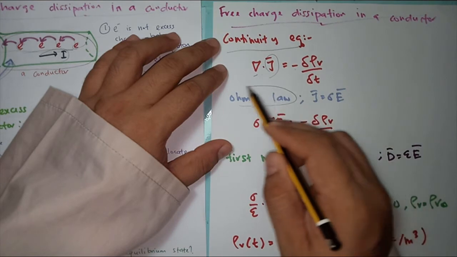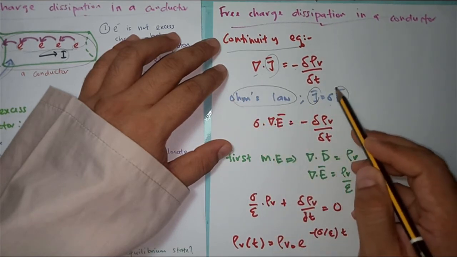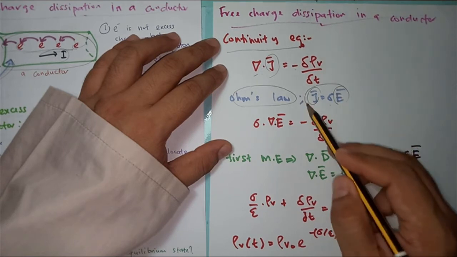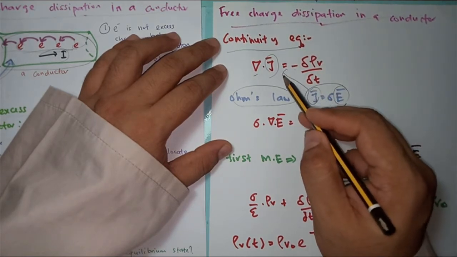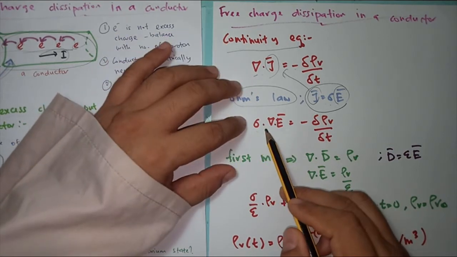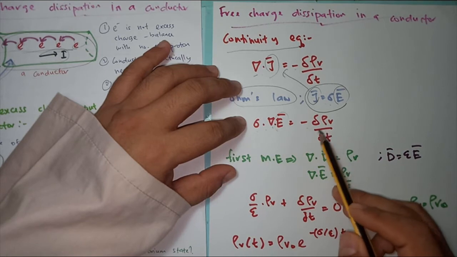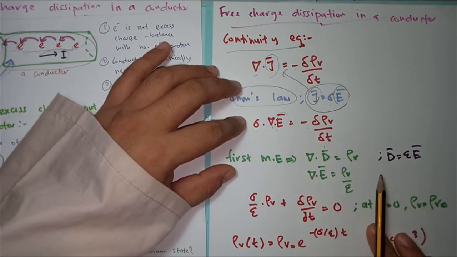By referring to Ohm's law, where vector J is equal to sigma times vector E, if we replace this into the first equation, we will have sigma del dot vector E is equal to minus del rho v divided by del t.